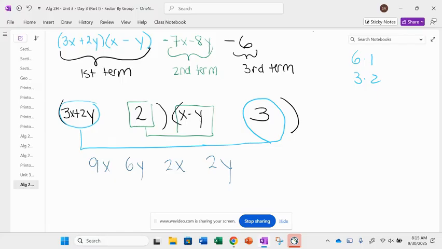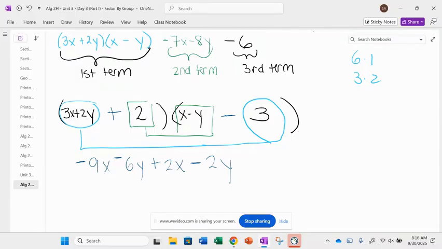So let's see. Do we want the 9x to be positive or negative? We want it to be negative because we need to add to negative 7x, right? So how did I get the 9x? This times this, so this has to be negative, which means 3x plus 2y times a negative 3 will give us a negative 9x and a negative 6y. Do we agree? And that means the 2 has to be positive, which will give us a positive 2x and a negative 2y.